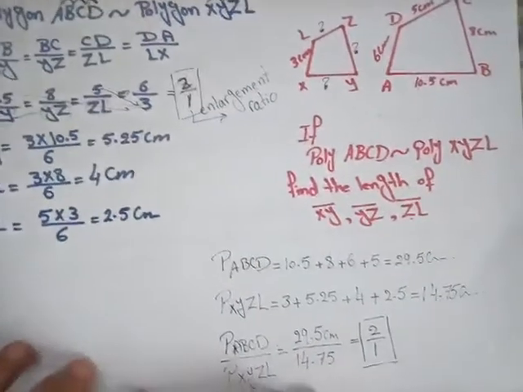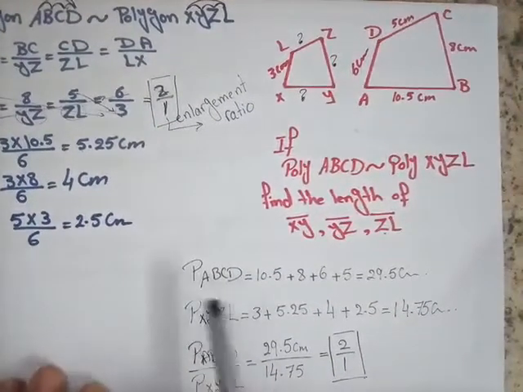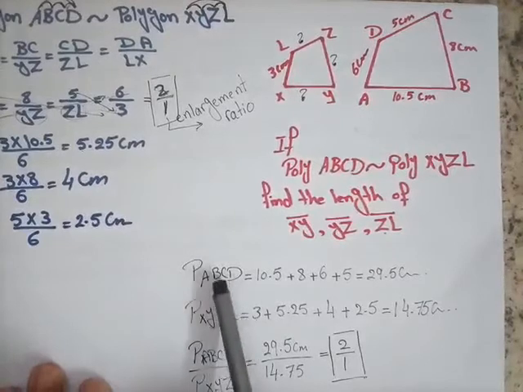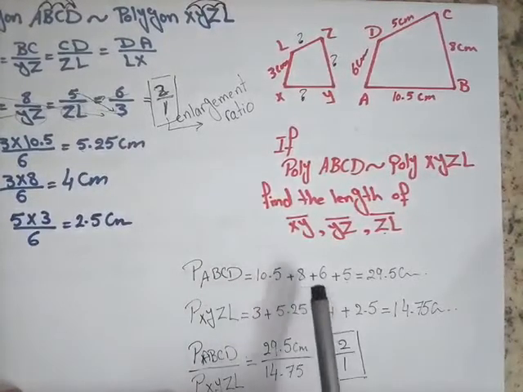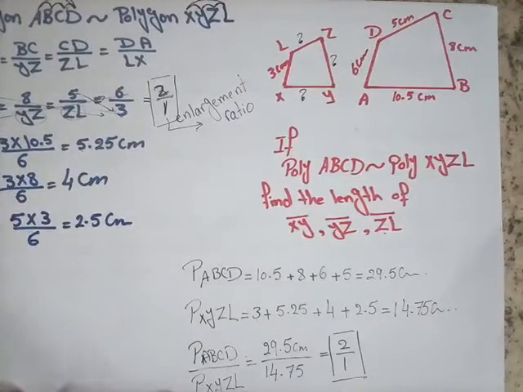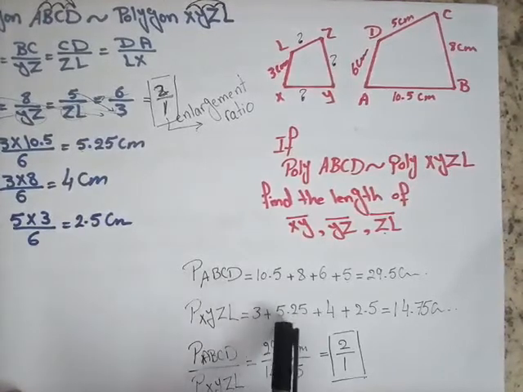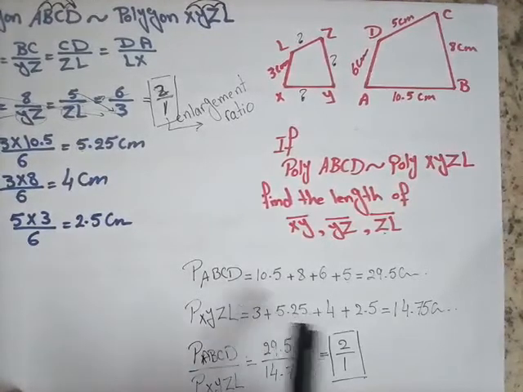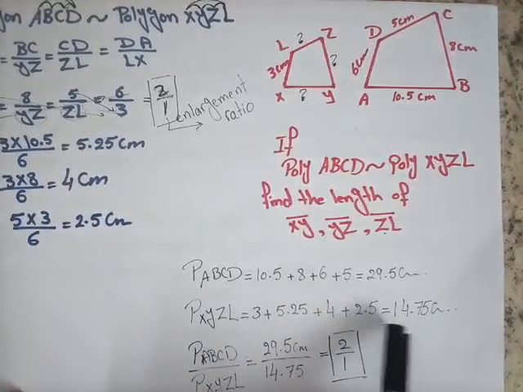If we find the perimeter for each polygon, the perimeter of polygon ABCD equals 10.5 plus 8 plus 6 plus 5 equals 29.5 centimeters, and the perimeter of polygon XYZL is 3 plus 5.25 plus 4 plus 2.5 equals 14.75 centimeters.